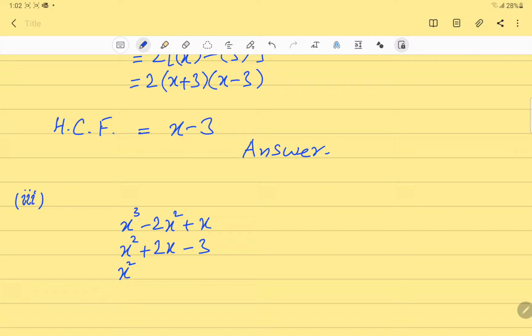And the third one is x squared plus 3x minus 4. Let us give some names to these expressions. So the first one we call px, second one qx, and the third one is rx.